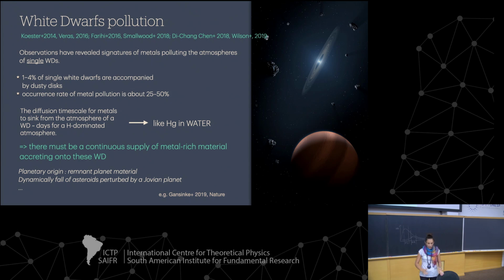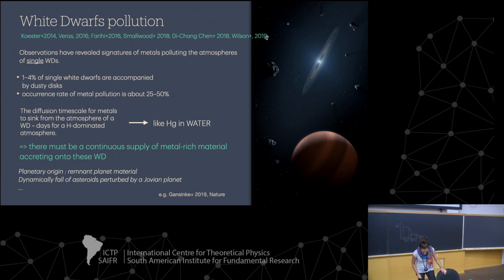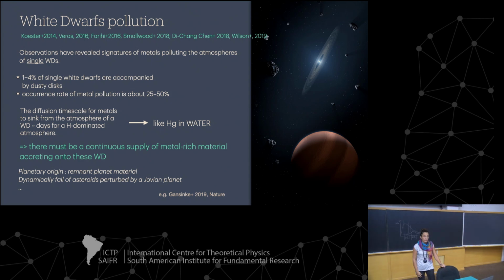What is that? Basically, I mentioned yesterday that the atmosphere of a white dwarf is usually hydrogen, helium or carbon. We don't have any metal on the white dwarf. If we had any metal, the gravity of this body is so strong that it's like putting mercury inside water. It's just going to fall down automatically to the bottom. You will not see it in the atmosphere of the white dwarf.